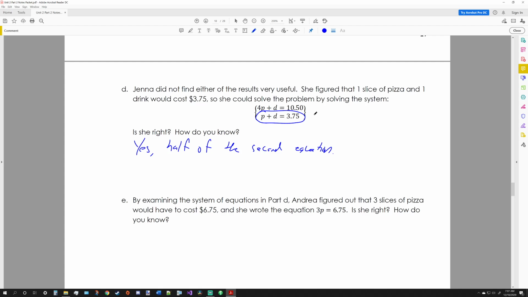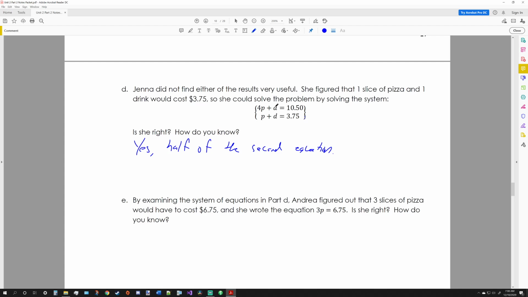Well, if we look at the difference between, let me erase this. So if we look at the difference between these equations, what do we notice? The first one is 4 slices and 1 drink, and the next one is 1 slice and 1 drink.